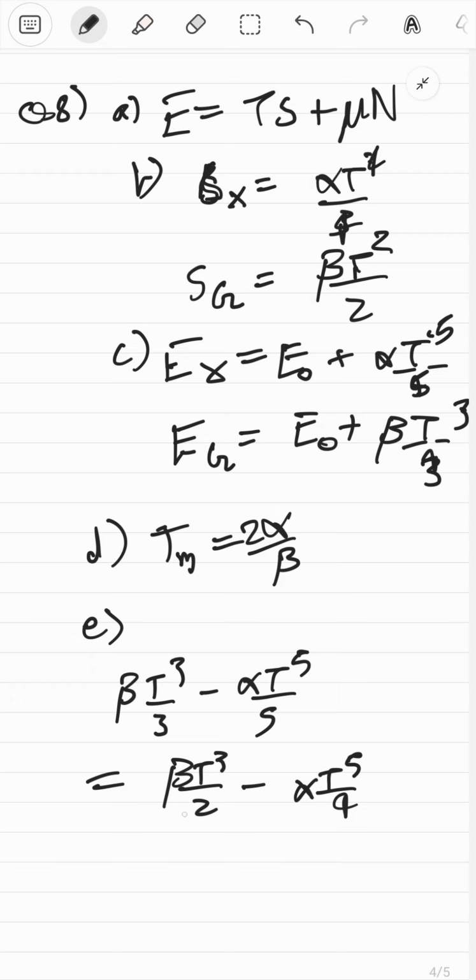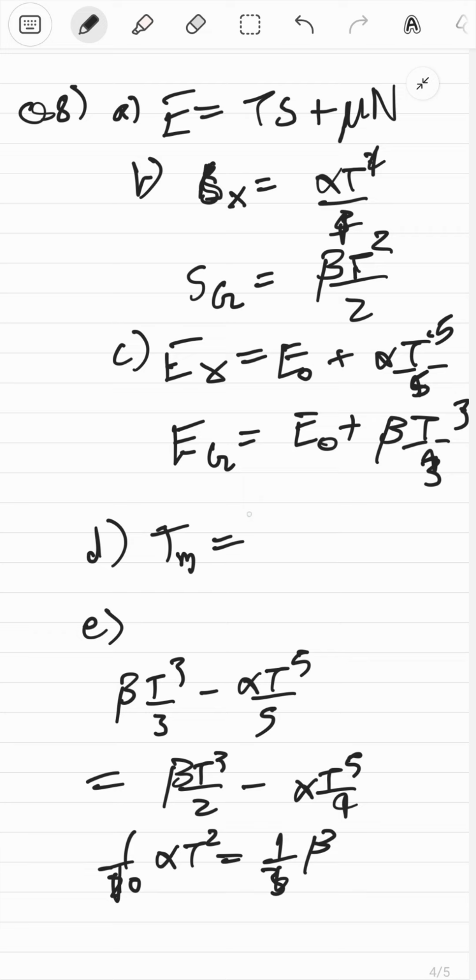So that goes over there, just 1 upon 20. 1 upon 20 alpha T squared is equal to 1 by 6 beta. So Tm is not this stuff. This is 10, this is 3, so Tm is the square root of 10 by 3 beta by alpha. That's probably the better thing to do.